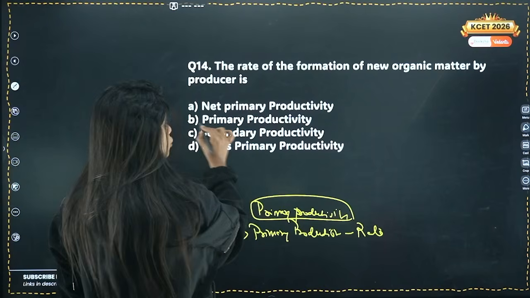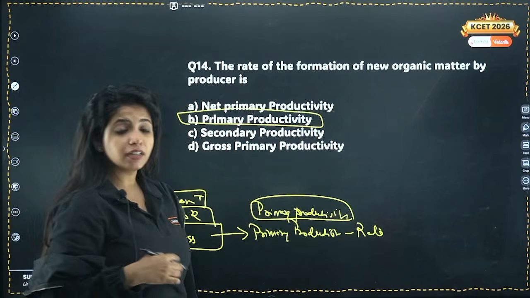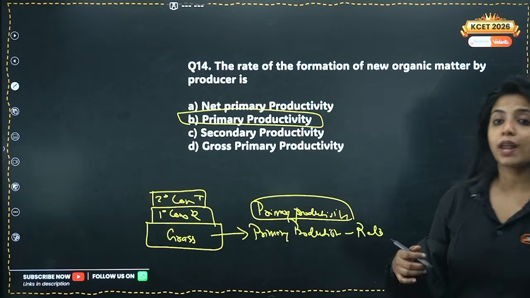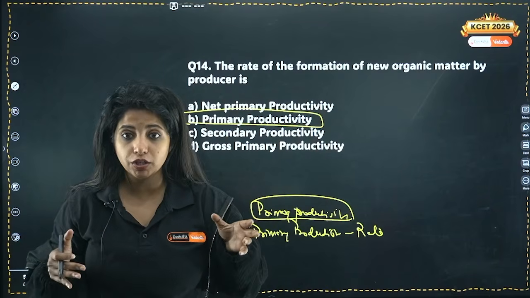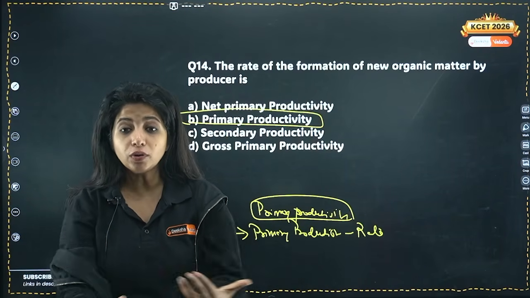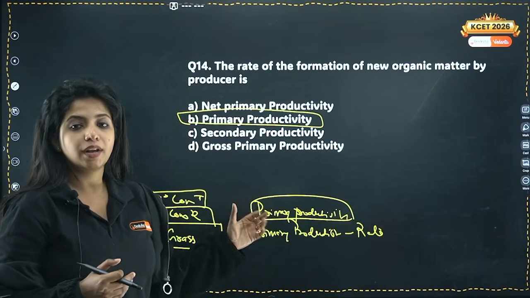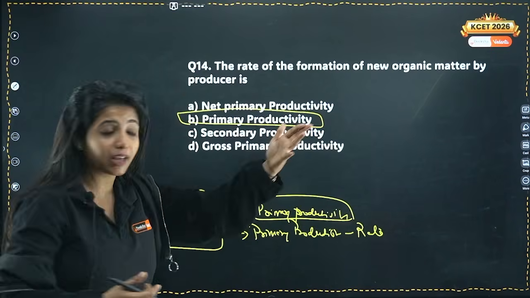Now there might be a question, ma'am, why is it not gross primary productivity? Because in our NCERT it is written that the rate of production of organic matter by the plants is known as gross primary productivity. That is when you talk about multiple plants in an ecosystem. In an ecosystem, the total organic matter being produced by the first trophic level is known as the gross primary productivity. Now all of it is not given to the next organism, right?